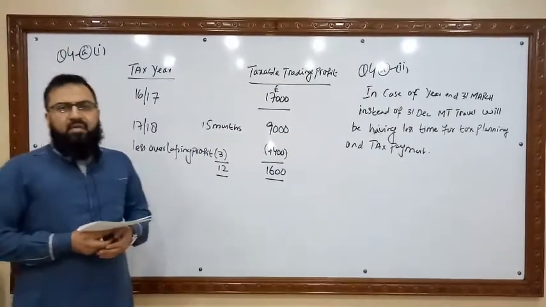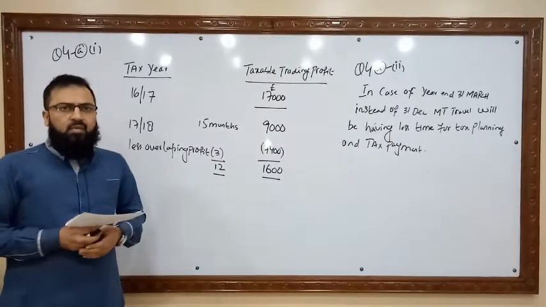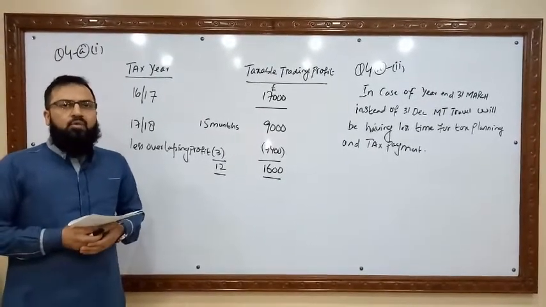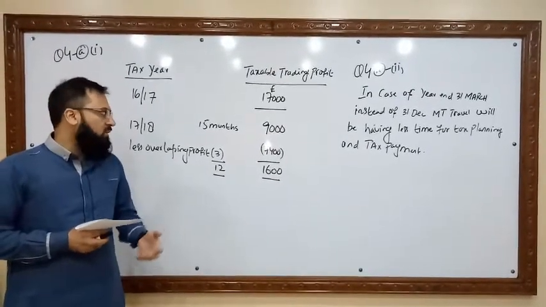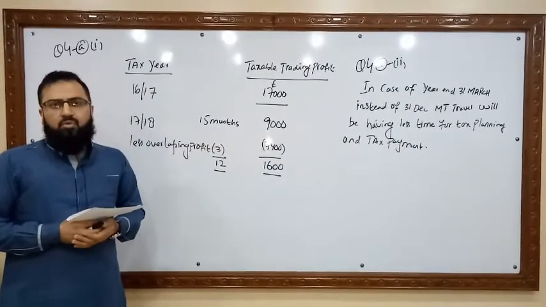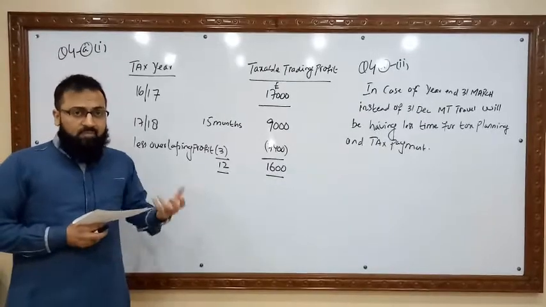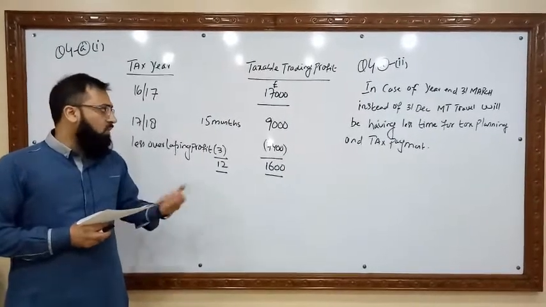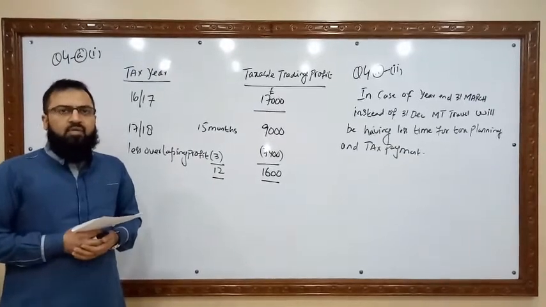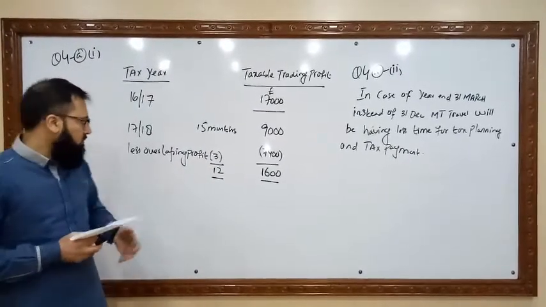When it comes to 17/18, what has happened? Empty Travel has changed their accounting date. Due to that change, the new accounting period is of 15 months. If the new accounting period is more than 12 months, I have to make it a 12 month period. How to make it 12 months? All we have to do is deduct the overlapping profit of 3 months, which is given in the question.